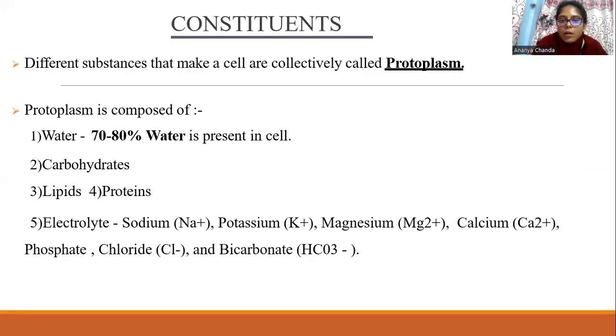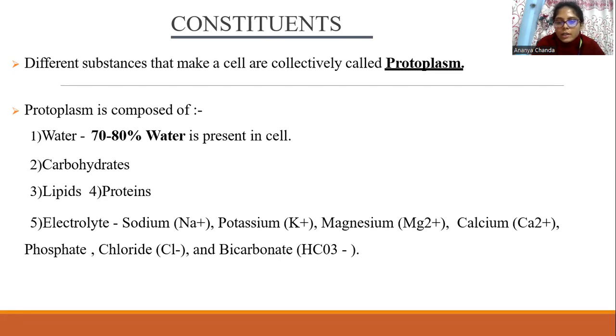So with which type of materials are these cells made up of? Firstly, it contains what? The protoplasm. This protoplasm is composed of water, containing 70 to 80% water.